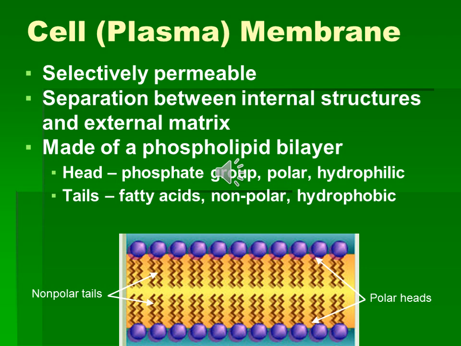So that gives this fluid model of a thin double layer. And then we get some structural support from cholesterol, which is going to decrease membrane flexibility, and it's about 20% of the membrane. And it's got a kind of similar bilayer. And so we'll talk a little bit more about this idea of our non-polar or hydrophobic tails lining the center on the next slide.